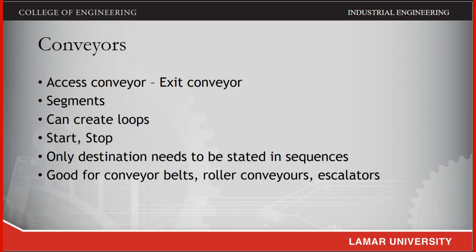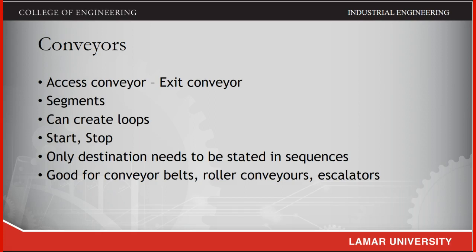Finally, conveyors. Conveyors are good for representing belts, roller conveyors, or escalators. The way that these operate, as opposed to request and free, we access a conveyor. The conveyor is divided in segments, and the segments take the destination from one station to the next one.